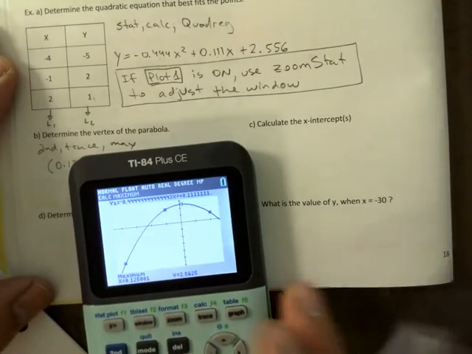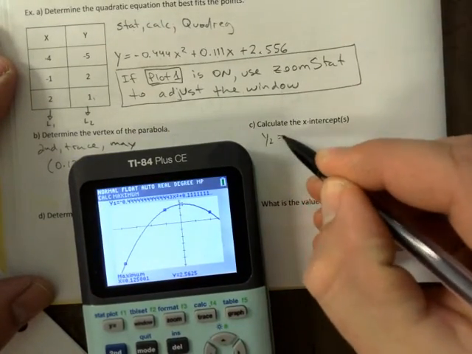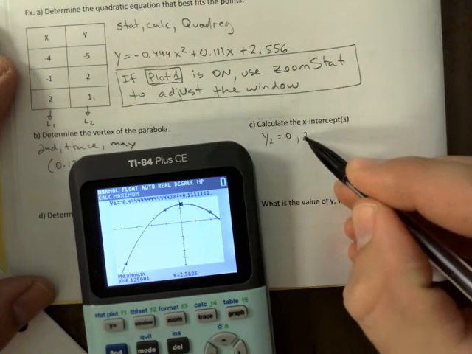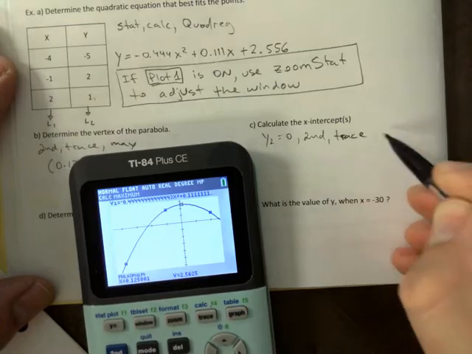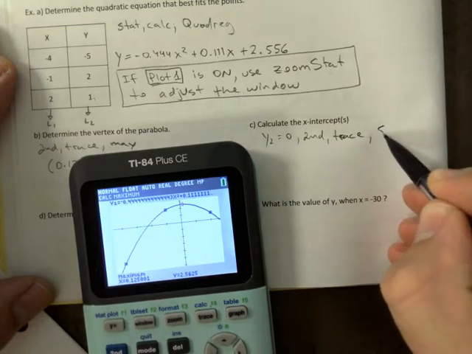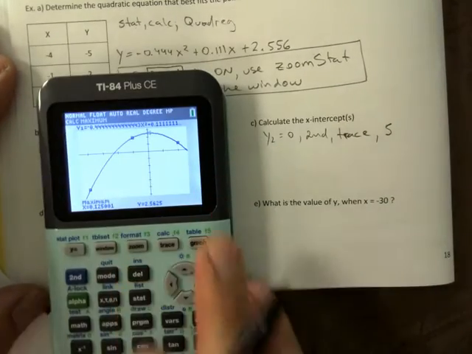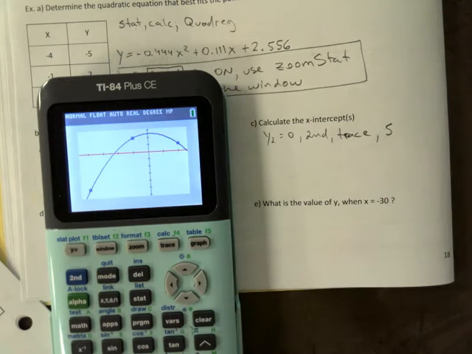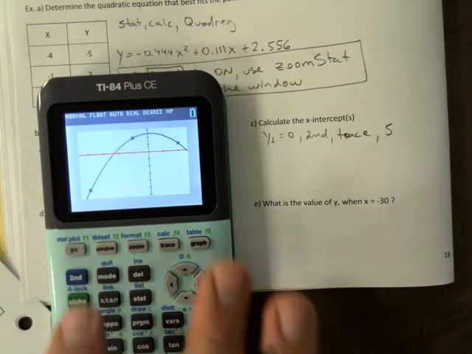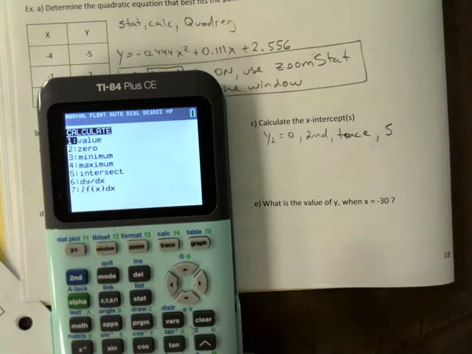C, the x-intercepts. For that, my trick is y2 is equal to 0. Second trace intersect, right? Which is 5. So let's go ahead and do that. Y2 is equal to 0. Hit graph. You need to hit graph before you go and find the intersections.